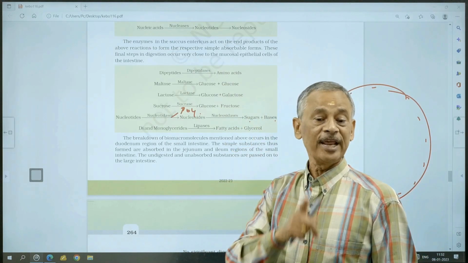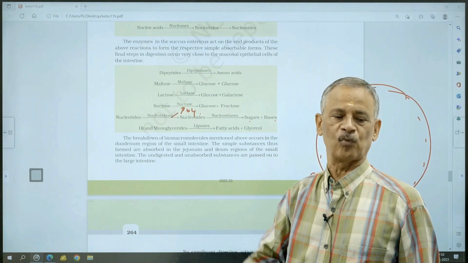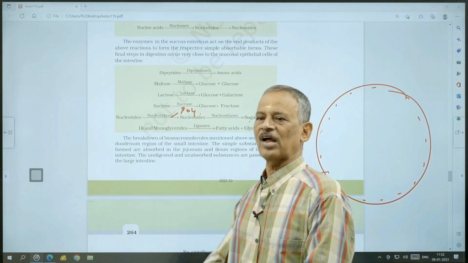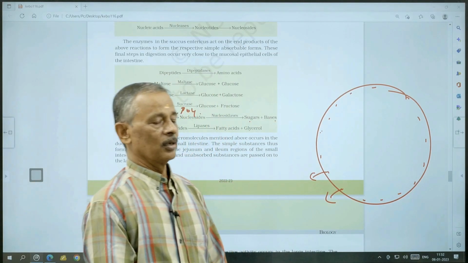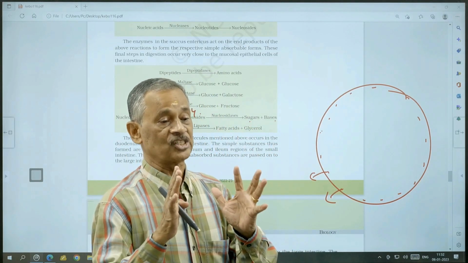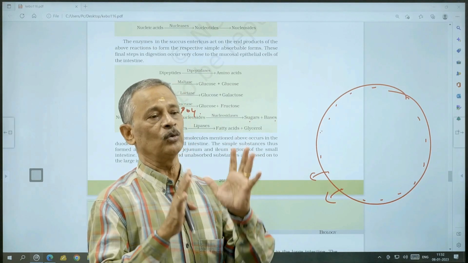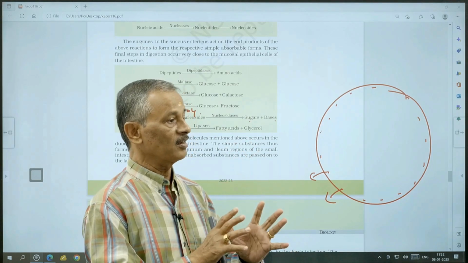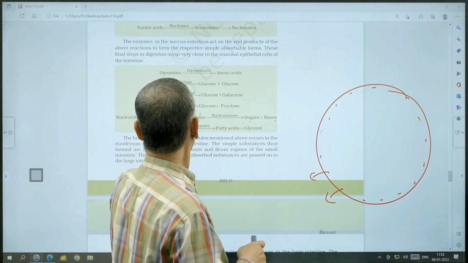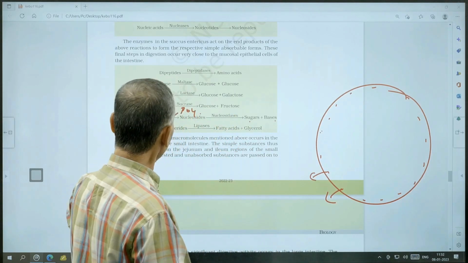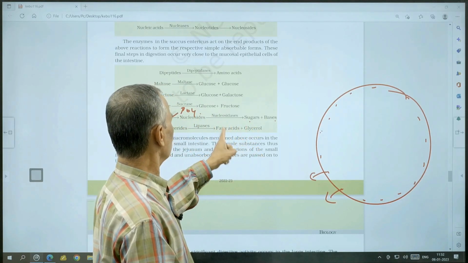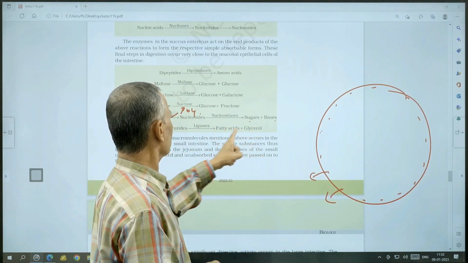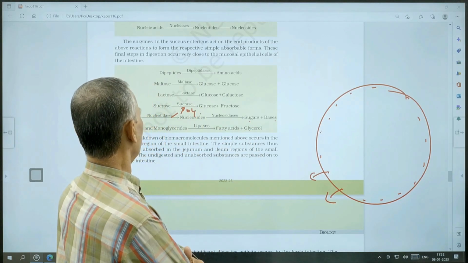But pancreatic lipase is more powerful. Pancreatic lipase, also called steapsin, brings about very powerful digestion for the first time. It converts fats first into diglycerides, and then into monoglycerides. And all these di- and monoglycerides are finally split into fatty acids and glycerol by the intestinal lipase.